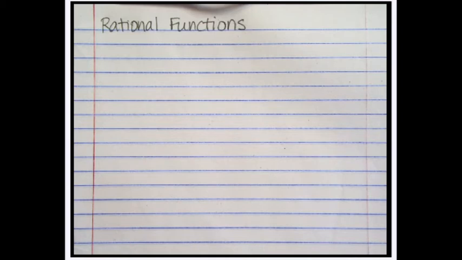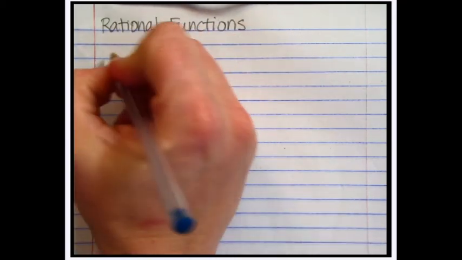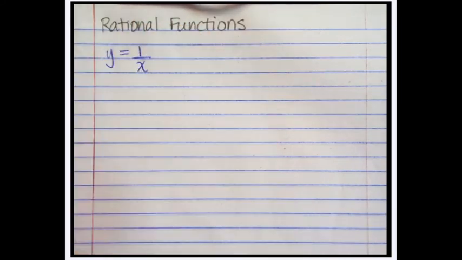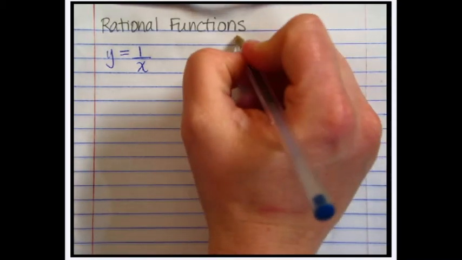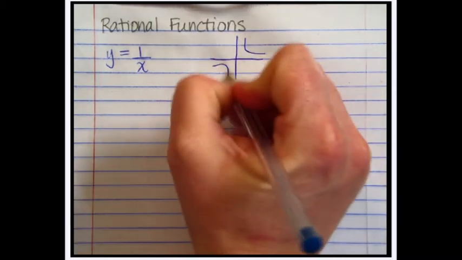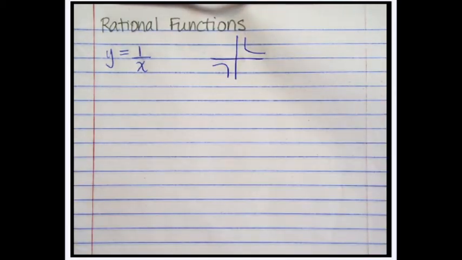Okay, so let's go ahead and look at our parent function, which we said looked like y equals 1 over x. Okay, and from the Desmos activity, hopefully you remember it looks something like this. Okay, so we have two branches, and one's in that top right corner and one's in the bottom left corner.